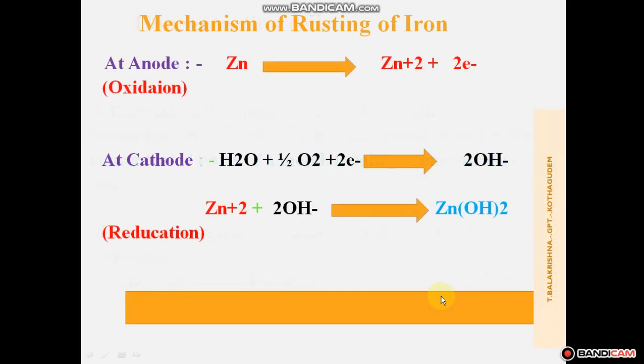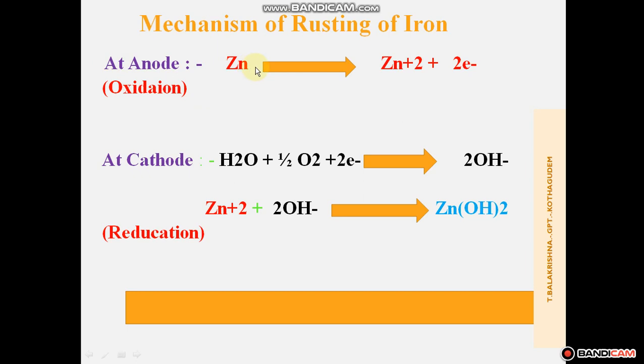So we saw the diagram. The zinc metal is partially immersed in the solution. The below part, which is immersed in the solution, that zinc is ready to act as an anode. So that is ready to participate in oxidation reaction.